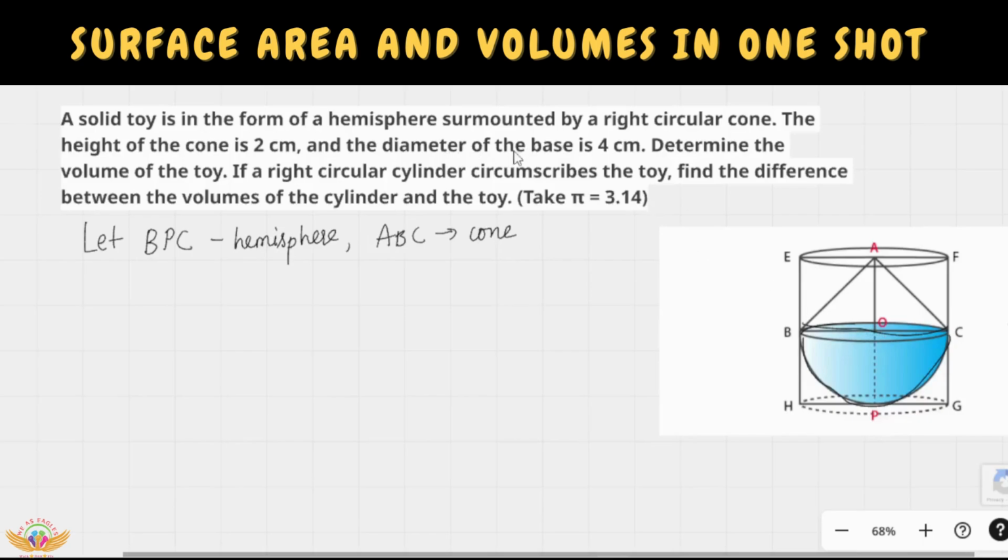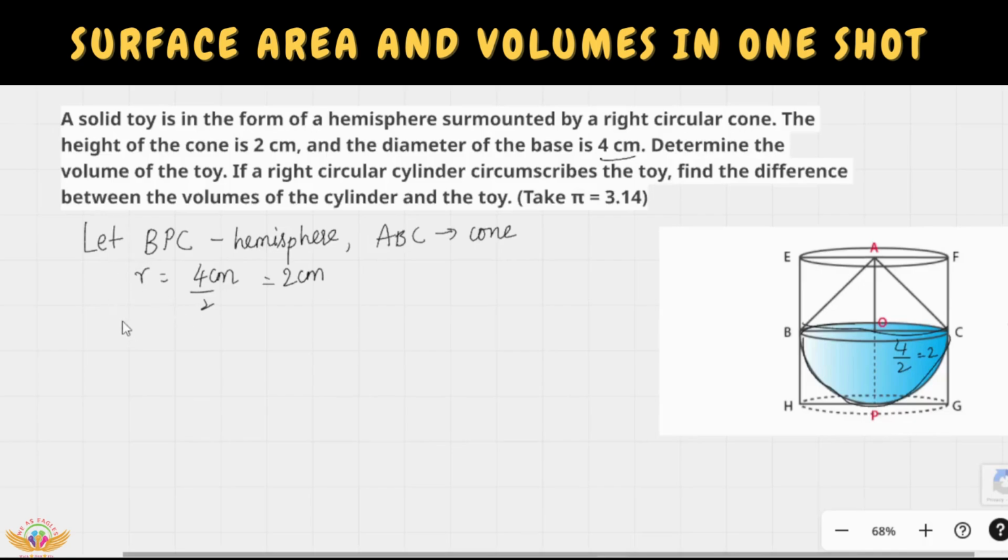They told that the diameter of the base is 4 centimeters, so it will be 4 by 2, that is 2 centimeters. So r is equal to 4 centimeters by 2, that is equal to 2 centimeters.